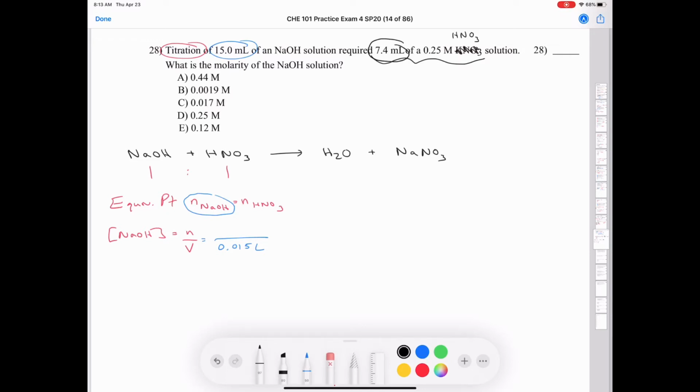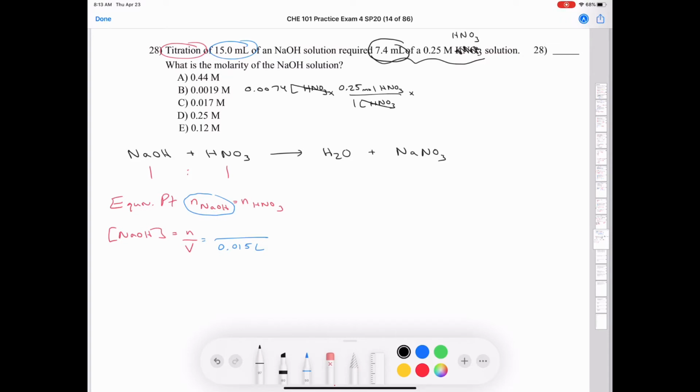So 7.4 divided by 1,000. So I'm going to do the math up here. 0.0074 liters of my nitric acid. And the molarity of my nitric acid is 0.25 moles of HNO3 for every 1 liter of HNO3. So you can see that liters of HNO3 are going to cancel out.